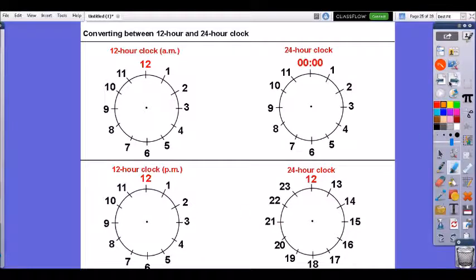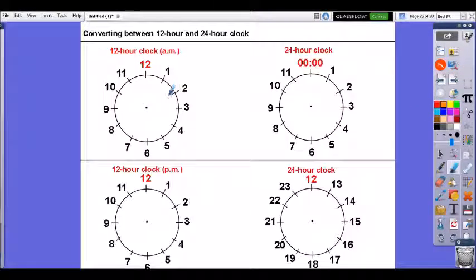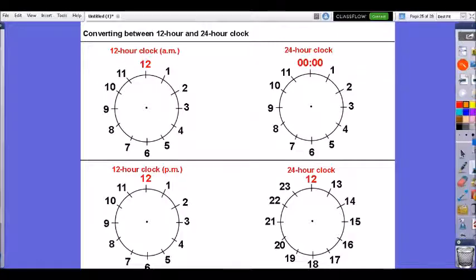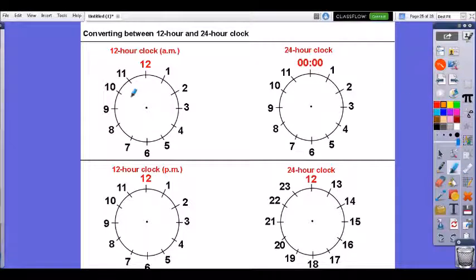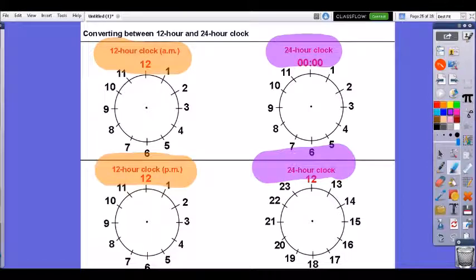So to sum up, from the 12-hour clock to the 24-hour clock, the AM stays the same, and for PM we add 12 hours. If you want to convert from the 12-hour clock to the 24-hour clock, if it's AM, it stays the same.